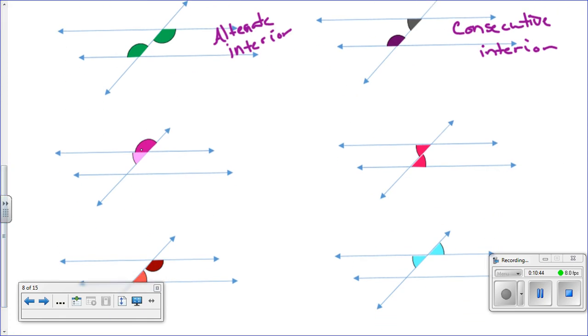These two actually are next to each other, so we're going to say they are adjacent. These two are on opposite sides of the transversal, but on the inside. So that's going to be alternate interior.